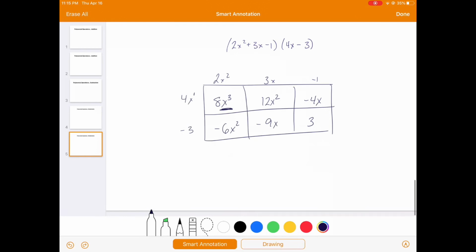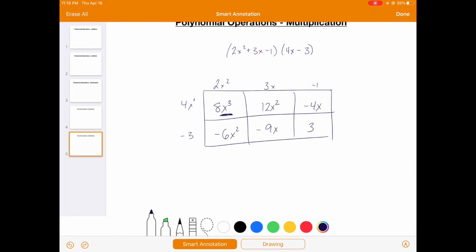And then from there, I'm just going to write out everything inside of my box, and then I'll combine my like terms. So I have 8x cubed plus 12x squared minus 4x, and then I have minus 6x squared minus 9x plus 3.